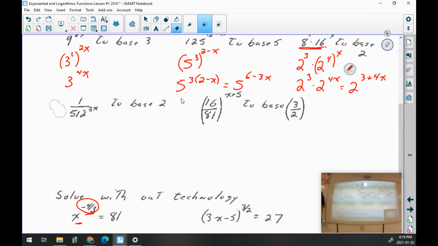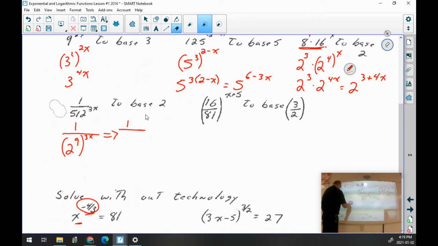We want to write this guy as base 2. Okay, well, let's just work with the 512 to the power of 3x. 512 can be written as 2 to the 9, and that's still raised to the power of 3x. I'm running out of room, so I'll work this way.